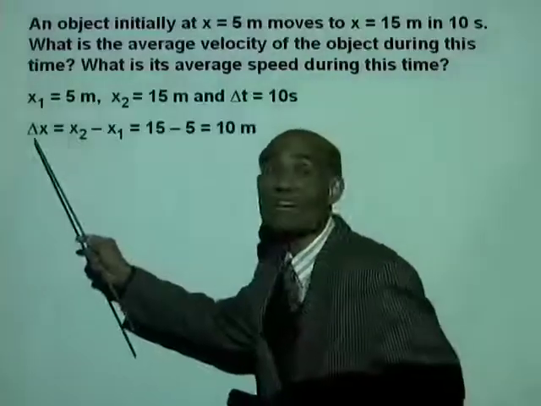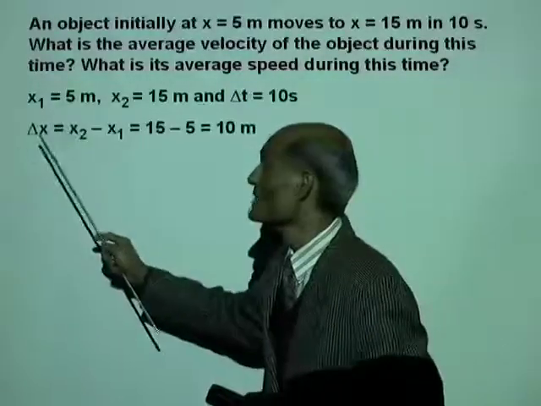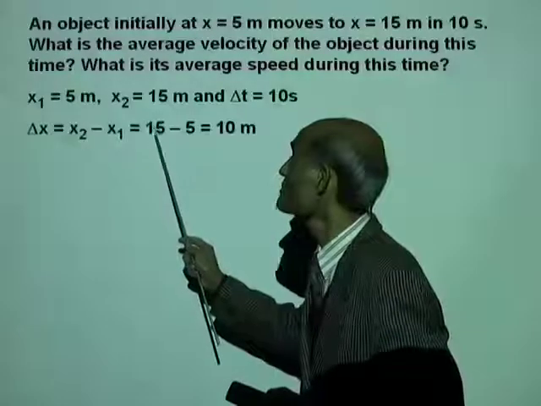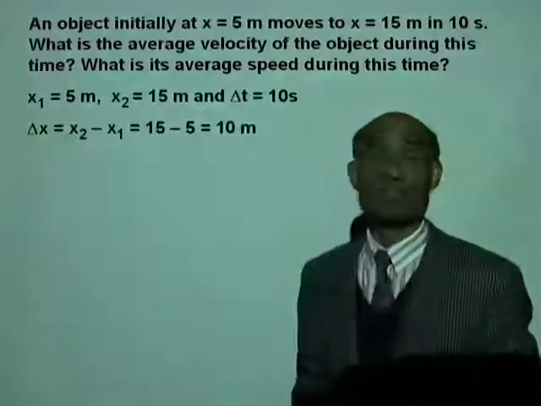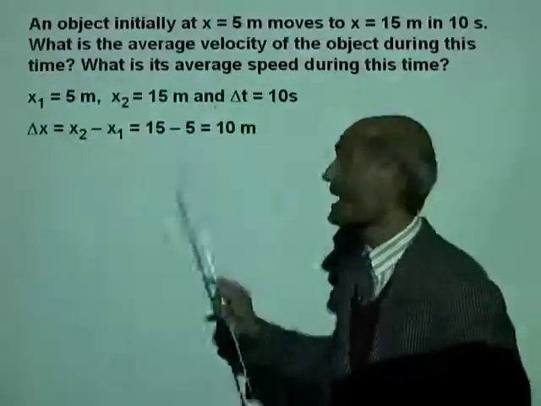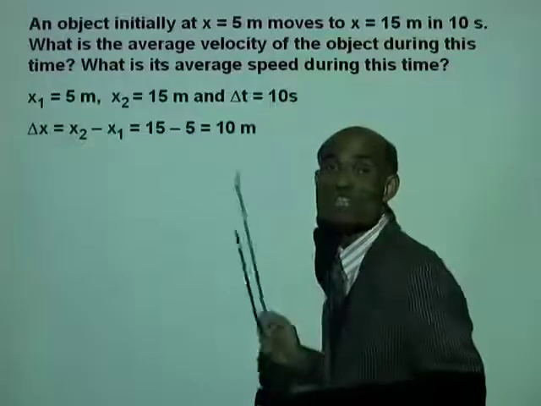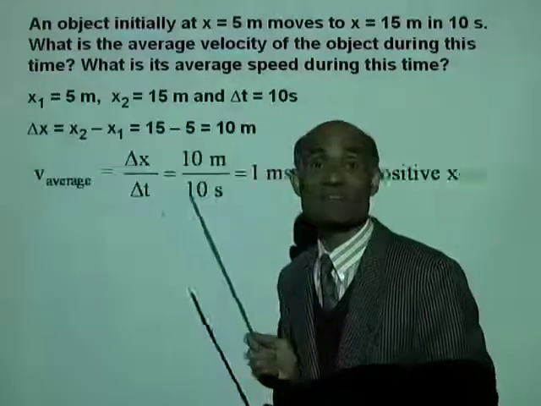So what is delta x, the change in position? Delta x is x2 minus x1, which is 15 minus 5, that is 10 meter. And this delta x happened during this delta t equal to 10 seconds.